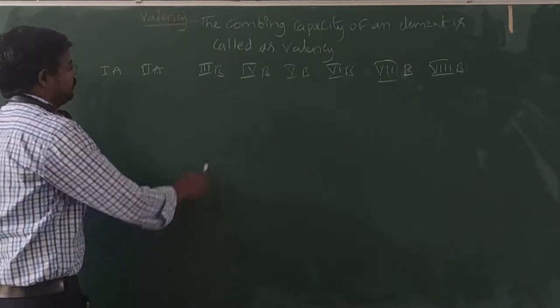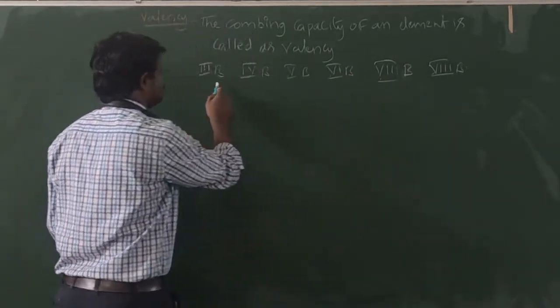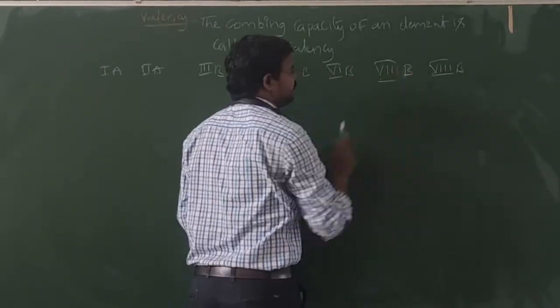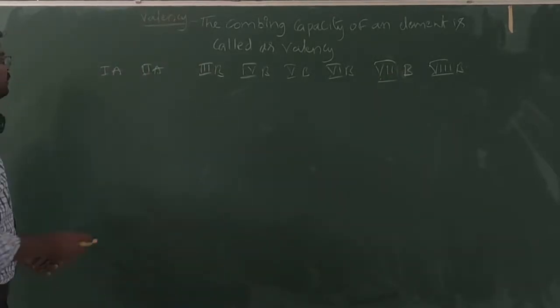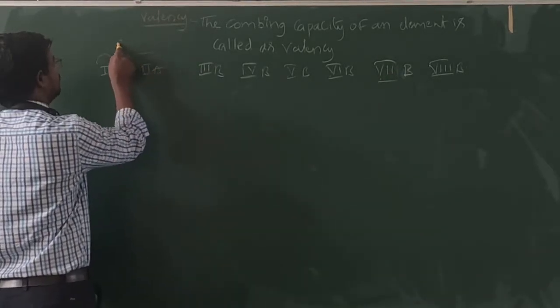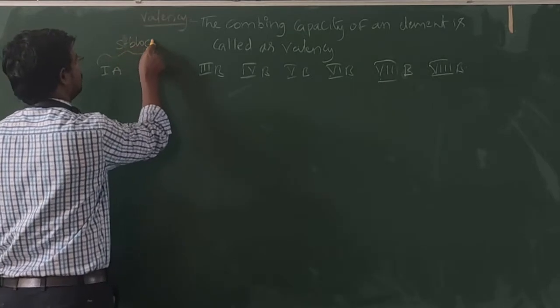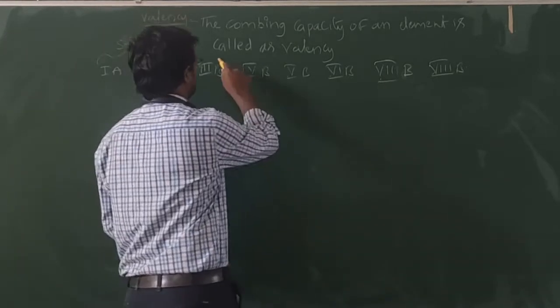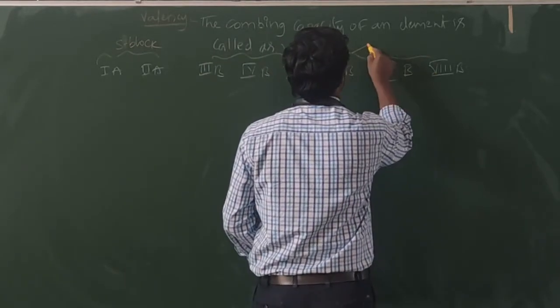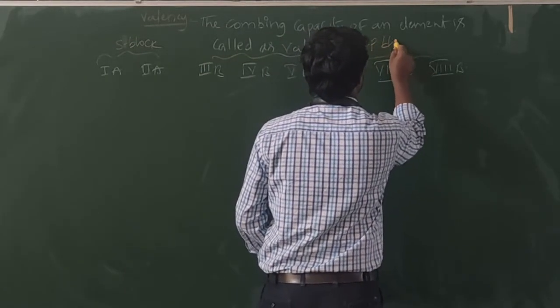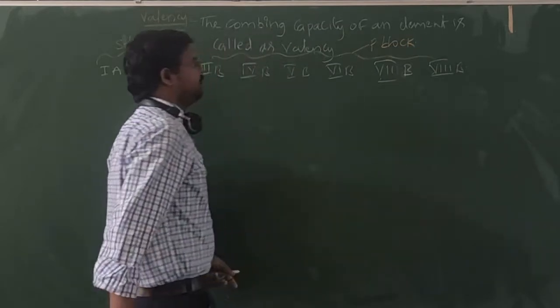So here these are P block elements, third B to eighth B. We call them P block elements, and these two are named as S block elements.